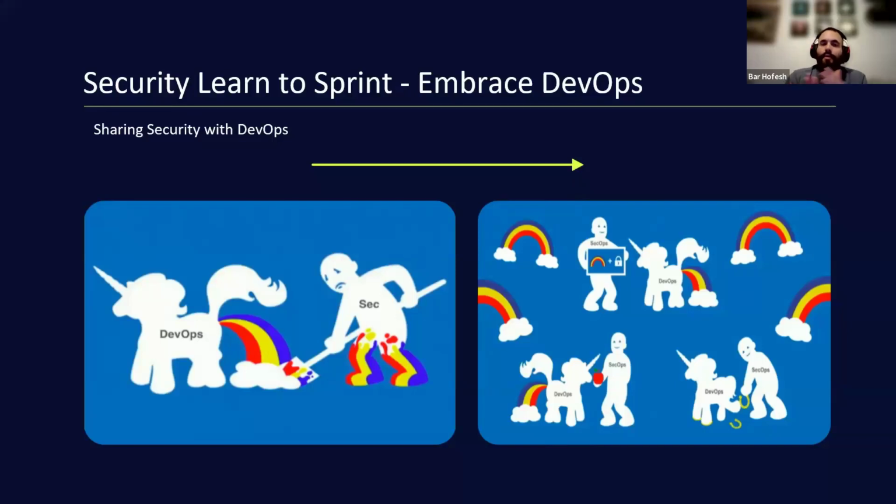Basically, going from shoveling everything that DevOps does and running after them, we're moving into sharing the concept of security and security processes with the DevOps cycle. Now, this might seem a bit weird. Aren't we just throwing the responsibility on someone else? But not exactly.